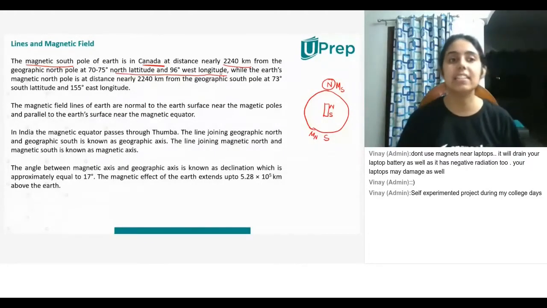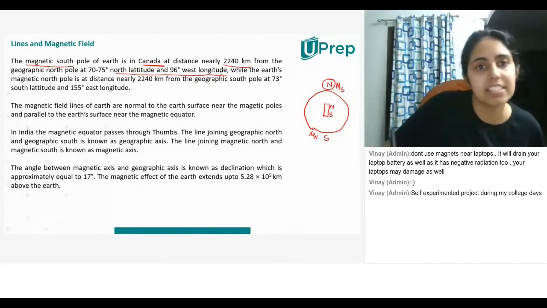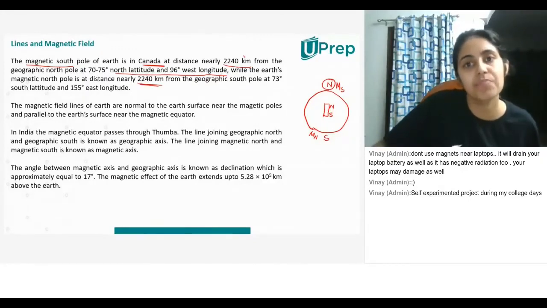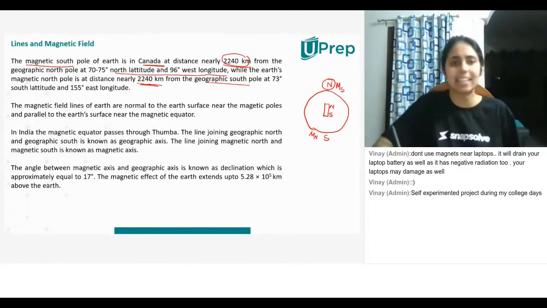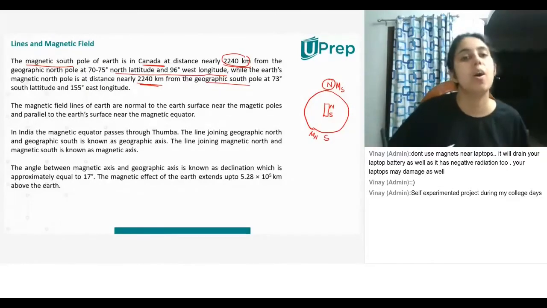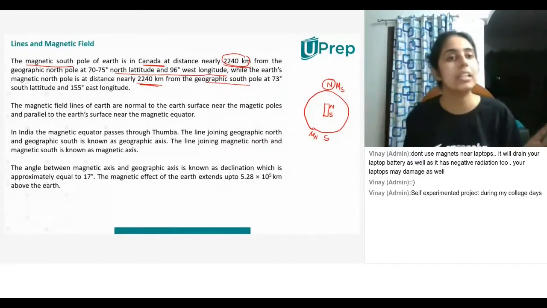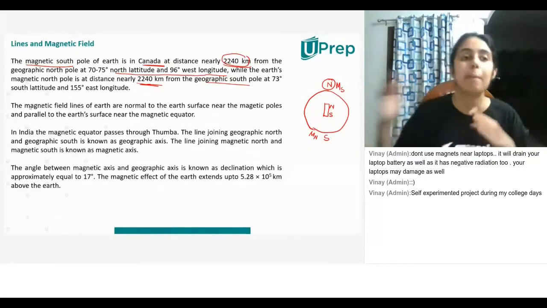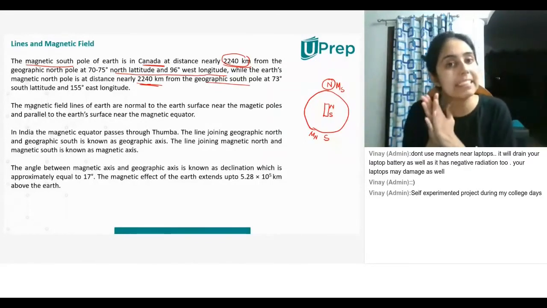While the Earth's magnetic North Pole is at the same distance, 2,240 kilometers, from the geographic South Pole, at 73 degrees south latitude and 155 degrees east longitude. You don't have to remember all these numbers, it doesn't matter. All that matters is you know that the geographic north and geographic south are different from the magnetic south and magnetic north, and they are not on the same axis.